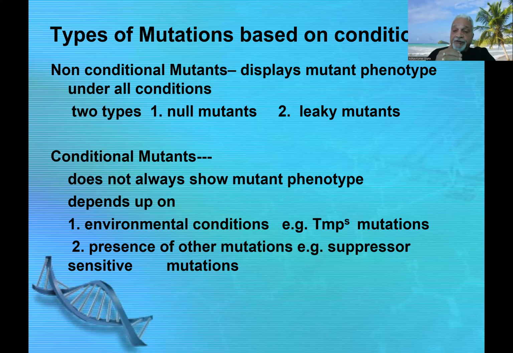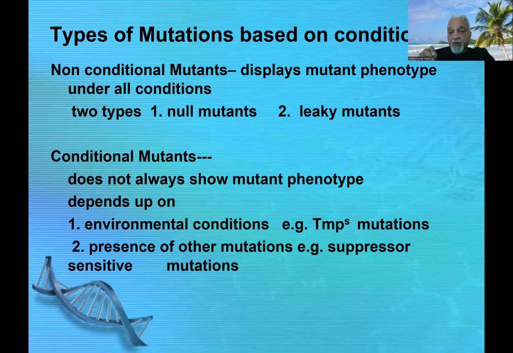And then opposite to this type of mutation are the conditional mutations or conditional mutants. These terms we can use interchangeably because mutation leads to generation of mutants. Okay, so opposite to this, certain mutations, when they occur, will show their impact on phenotype only under specific conditions. In the sense, if a cell is grown under normal conditions, it does not show the mutant phenotype.